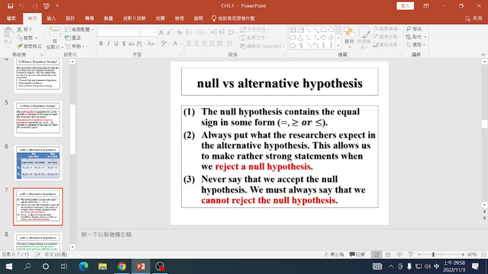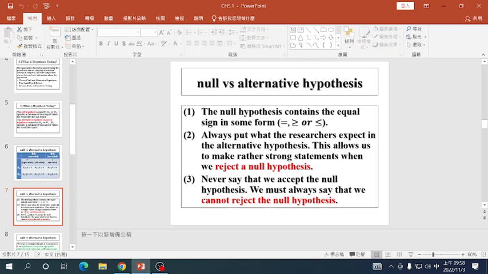We can say accept the alternative hypothesis, but do not say accept the null hypothesis, because the alternative hypothesis is our purpose. When we make conclusions, always conclude according to the alternative hypothesis instead of the null hypothesis.